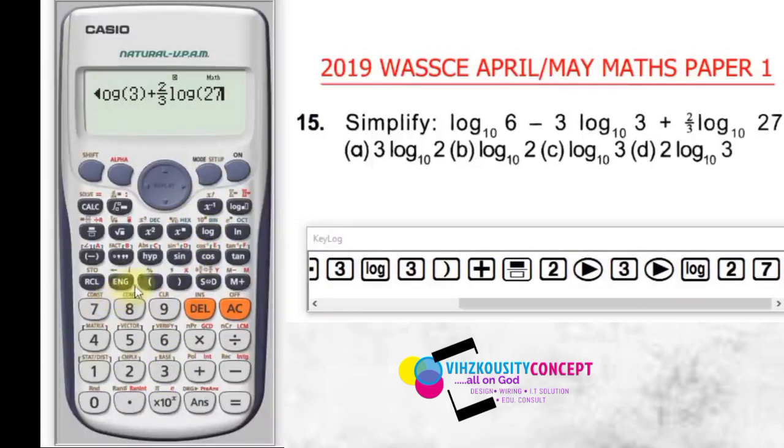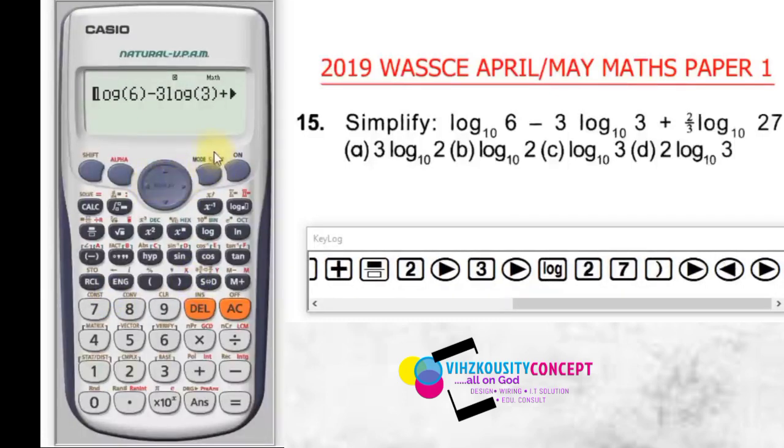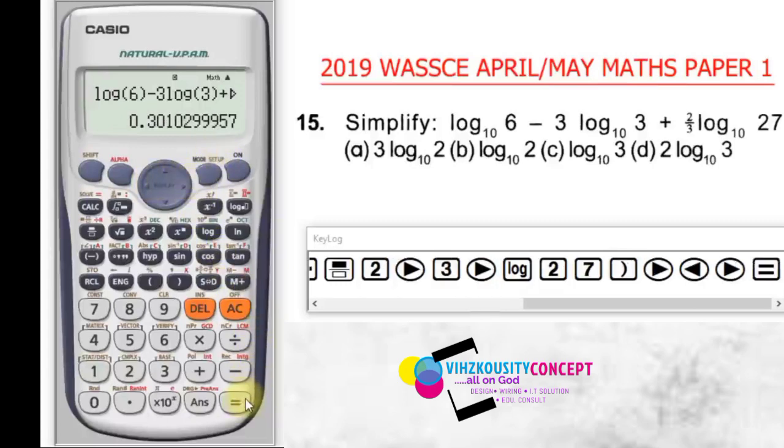I can close the bracket and check to see that all that I input are correct. And once I'm convinced with that, I can press the equal to button.